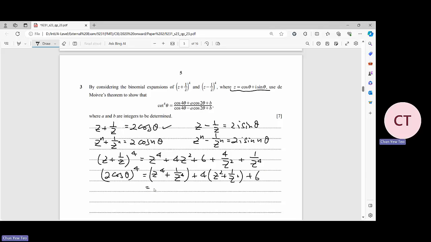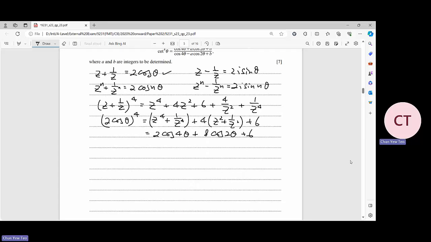Then this one will become 2 cos 4 theta plus 8 cos 2 theta plus 6. Okay, so this is what we have. Then, of course, your left-hand side, you still need to continue to expand. You get this. This one is 16, 2 power 4 is 16. Then you just need to leave the answer in terms of cos power 4. Then you get this one as 1 over 8.